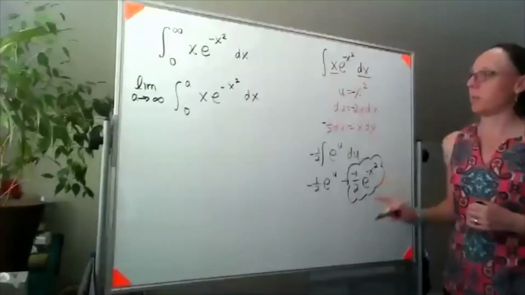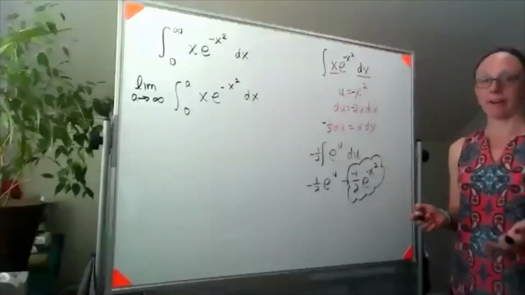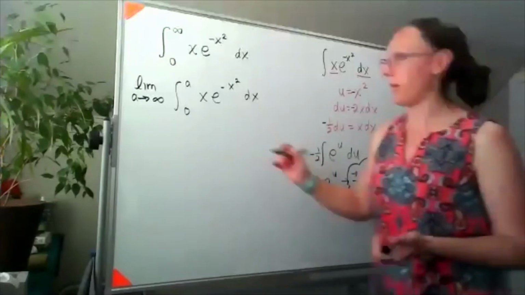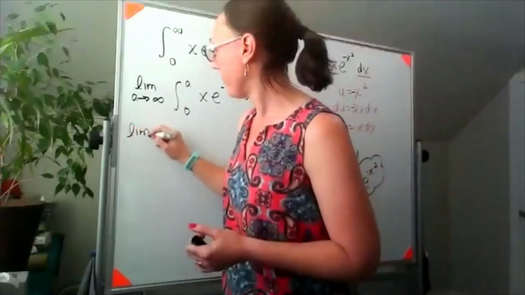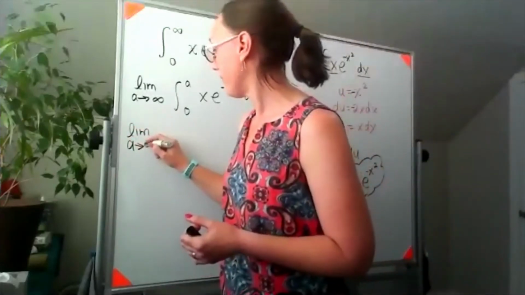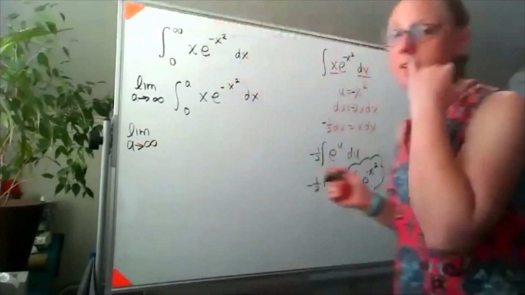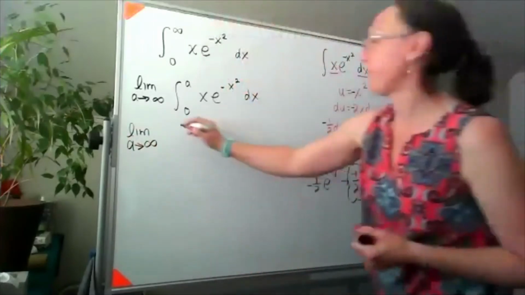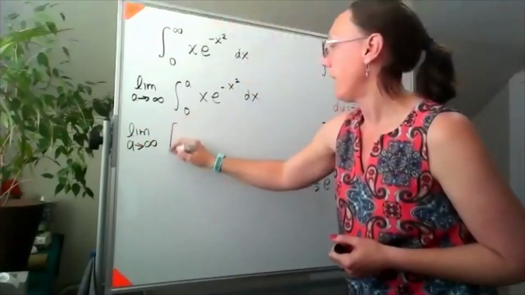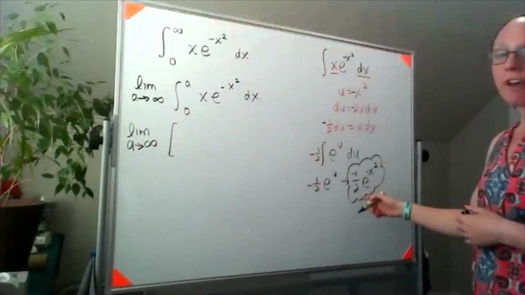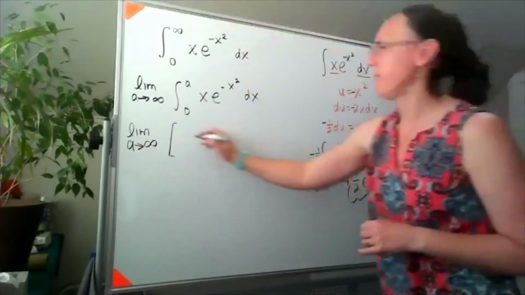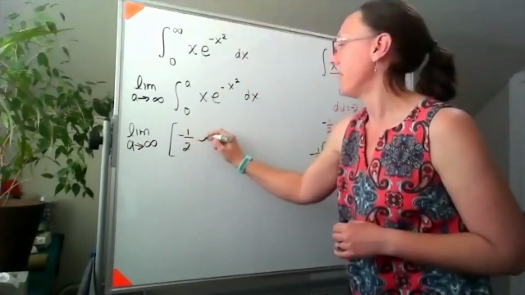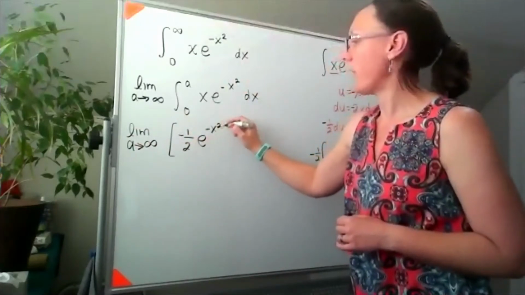This I'm going to bring along with me back to our improper integral part. I've got the limit as a approaches infinity. And I've already evaluated the antiderivative, negative 1/2 e to the negative x squared.